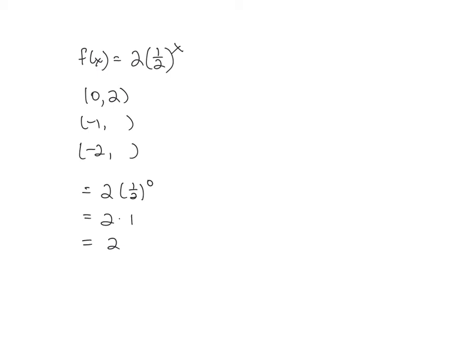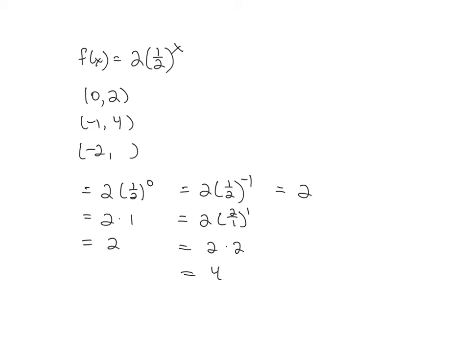Then when I plug in -1, when we have a negative exponent, that means we're supposed to flip over and make the exponent positive. So when we flip it over, that's just 2, and 2 to the first power is just 2, or 4.